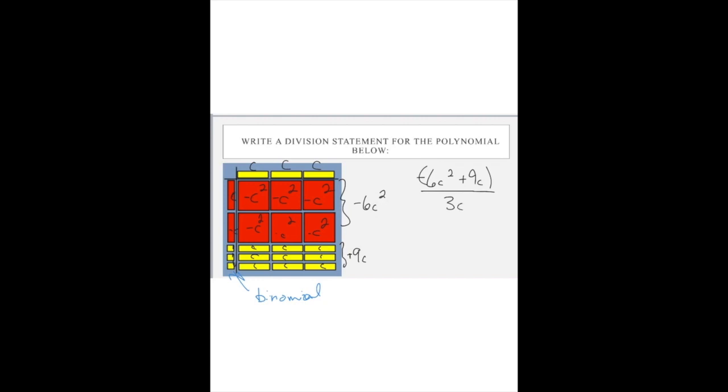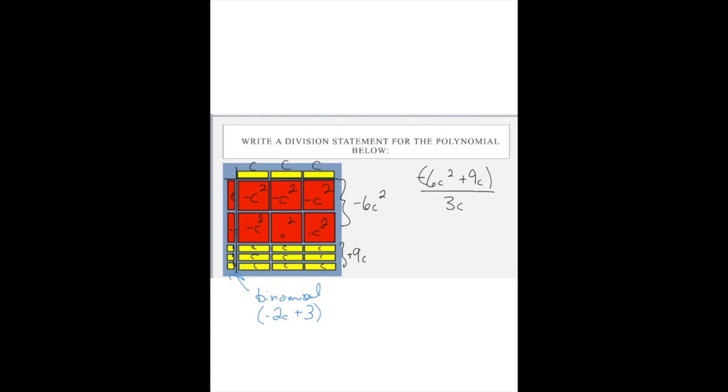If we look on the side, our binomial value, so we can check once we work this through, is negative 2c plus 3.